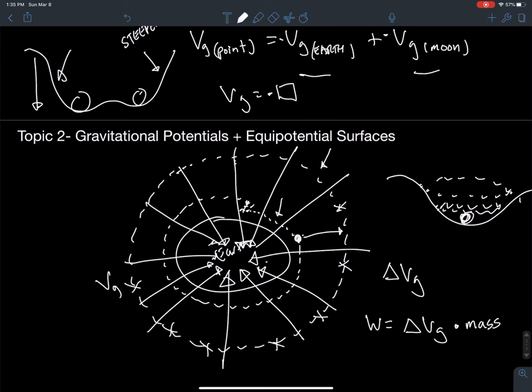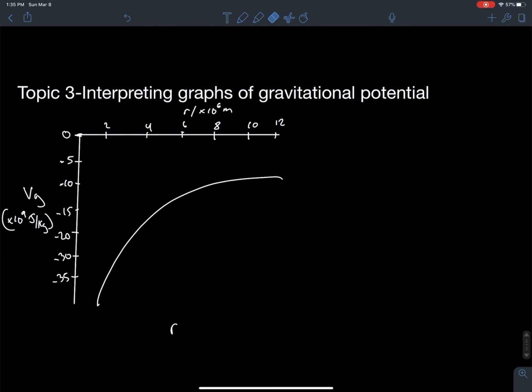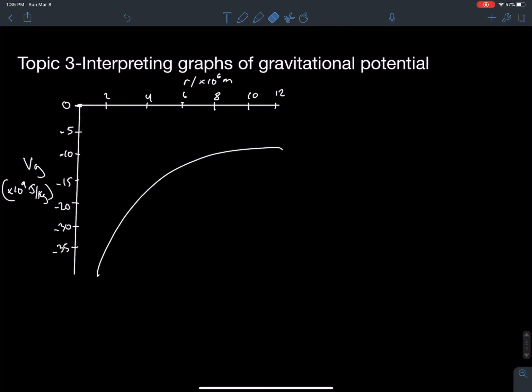Okay, now the last thing that I wanted to talk about was interpreting graphs of gravitational potential. So what would happen if we graphed how the gravitational potential changes around a planet? So here's my planet, and I'm just graphing as I'm getting further and further away.